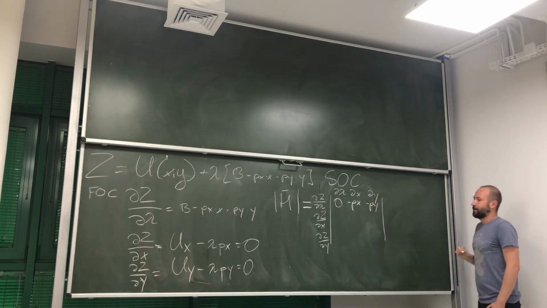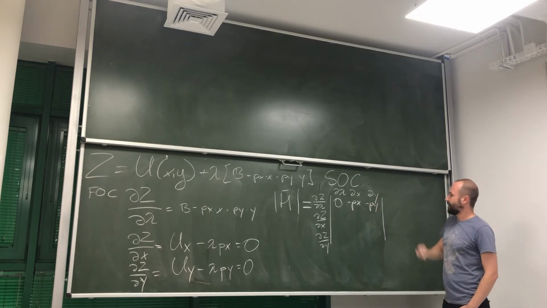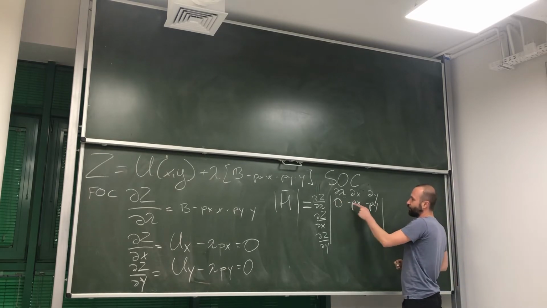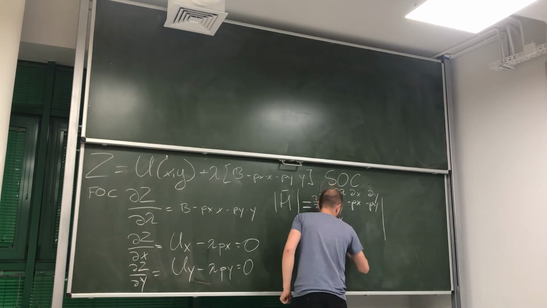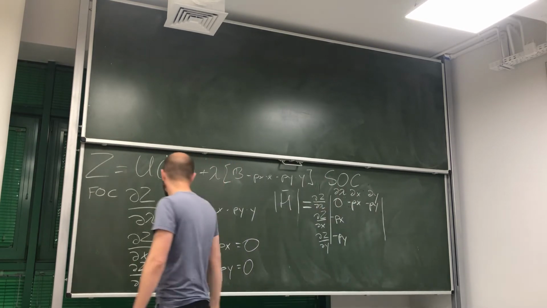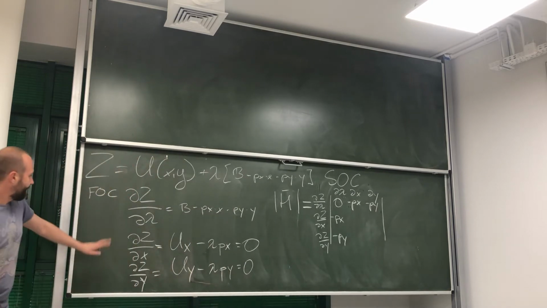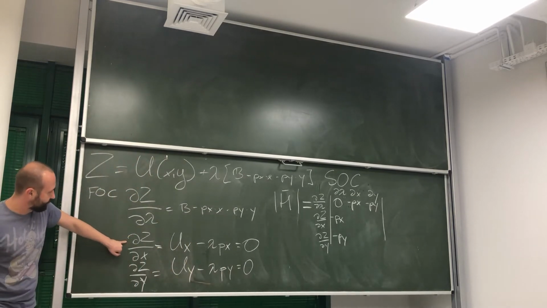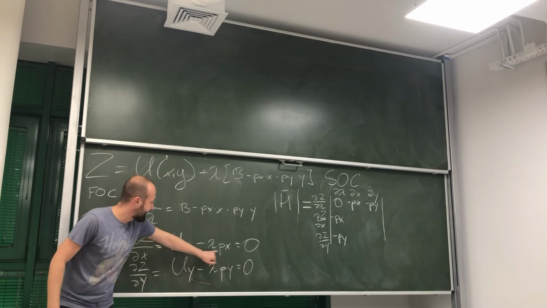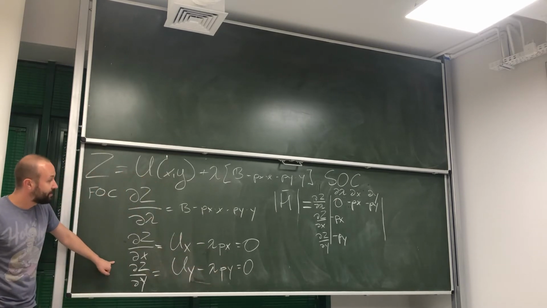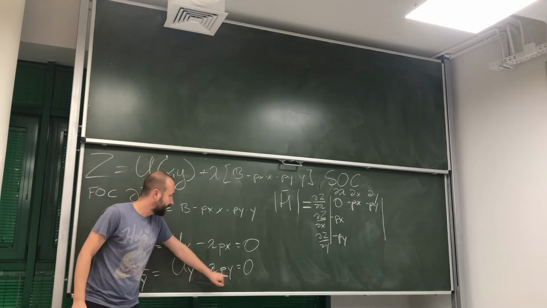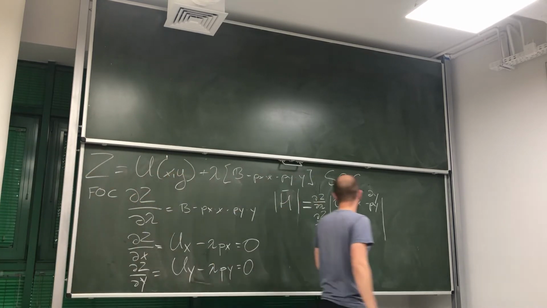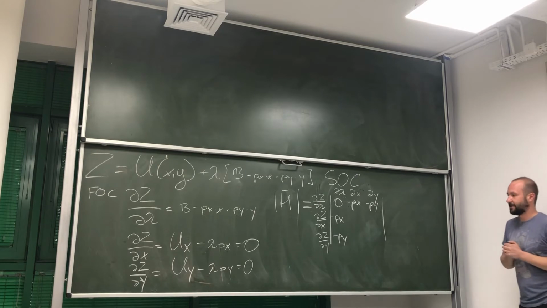And look, even without any calculations, just because those two expressions are here, I know they will be over here and over here. But let's check. Okay, first, I differentiate this with respect to lambda, I get negative px. If I differentiate this with respect to lambda, negative py. Of course, everything makes sense.